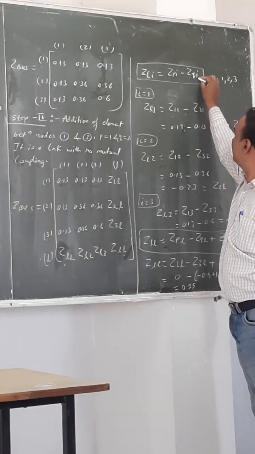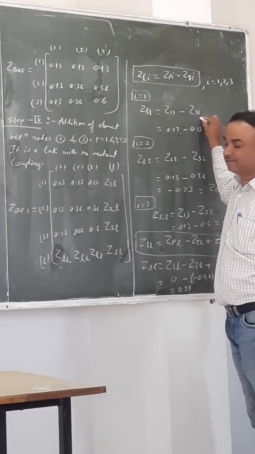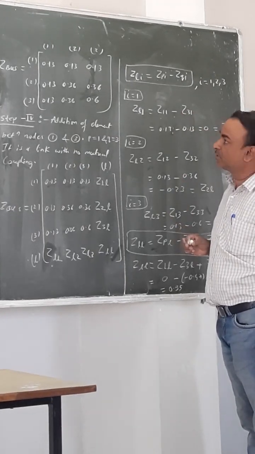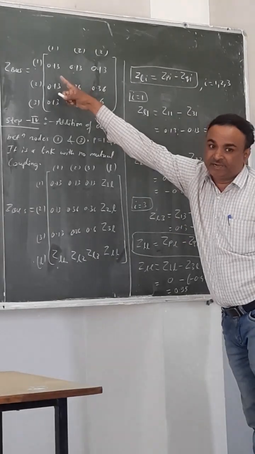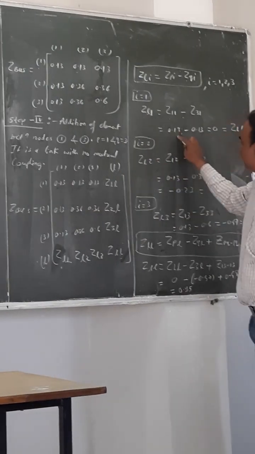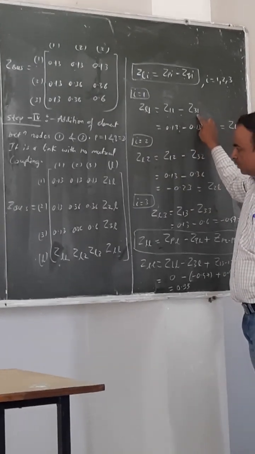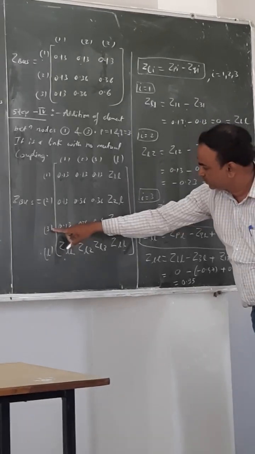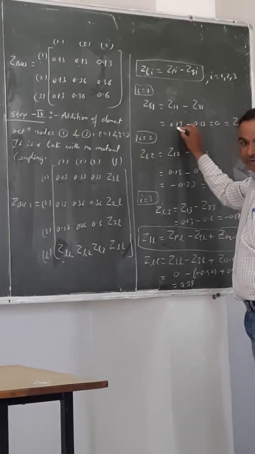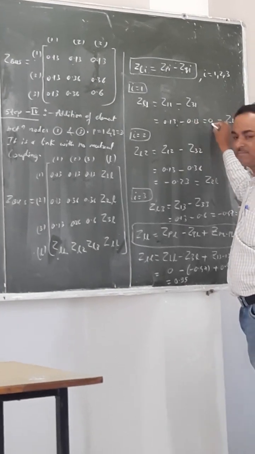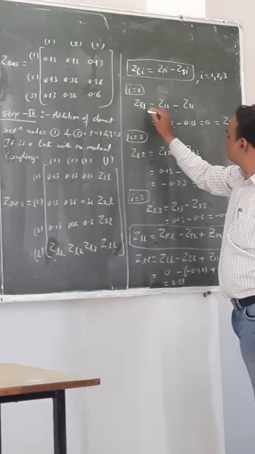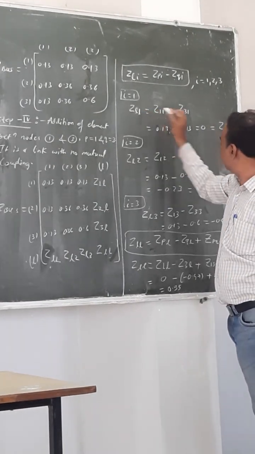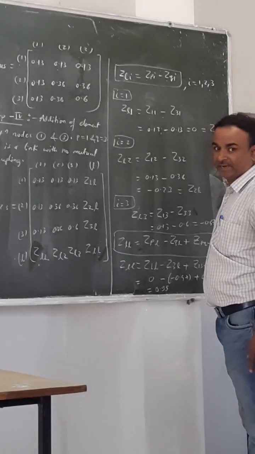What is the value of i? 1. Is it clear? Do you know the value of Z11? What is the value? 0.13. 0.13 minus, what is the value of Z31? 0.13. So 0.13 minus 0.13 will become 0. This is equivalent to Z1L; ZL1 can be written as Z1L.